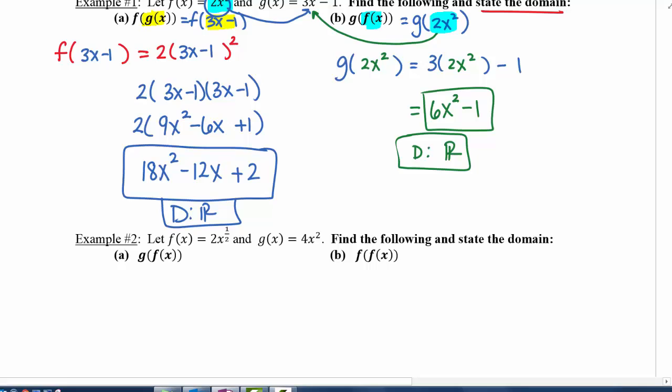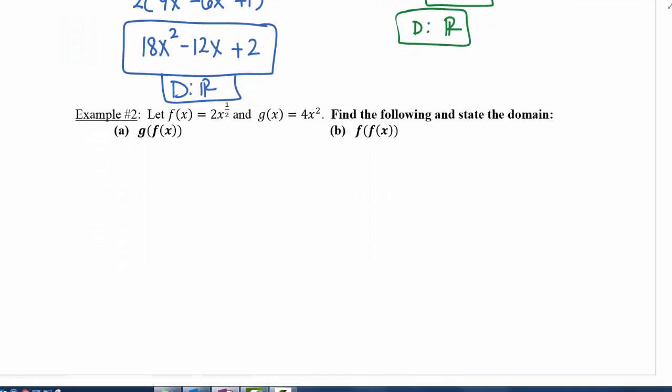Okay. Example 2. So again, this is new, and it really just does take practice. So part A, I'm doing g of f of x, where f of x is 2x to the 1 half. Okay, and let's talk about the domain.